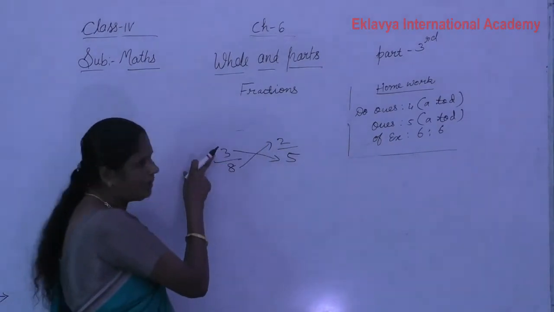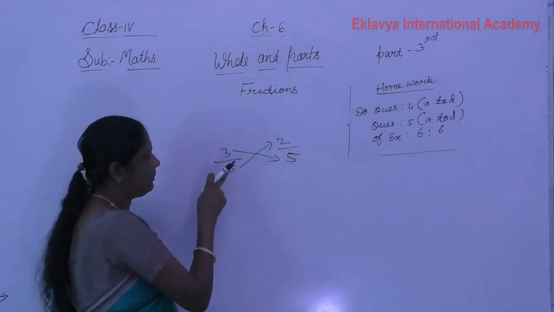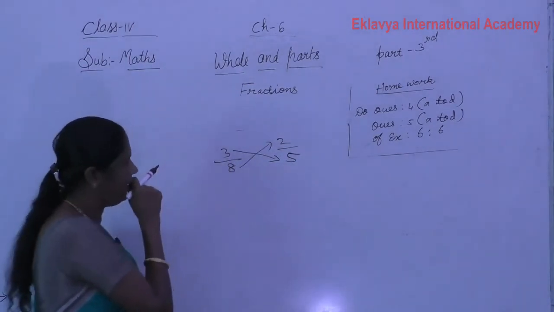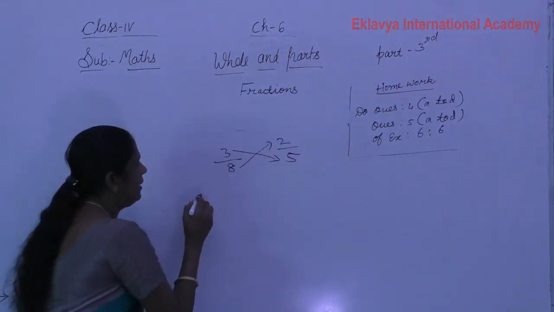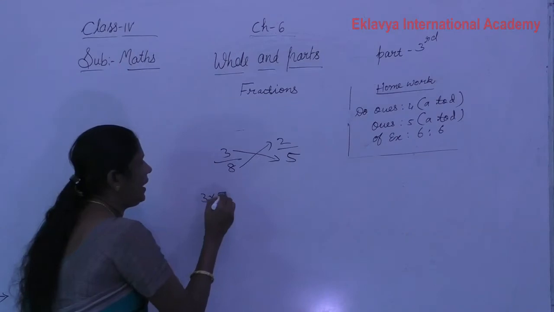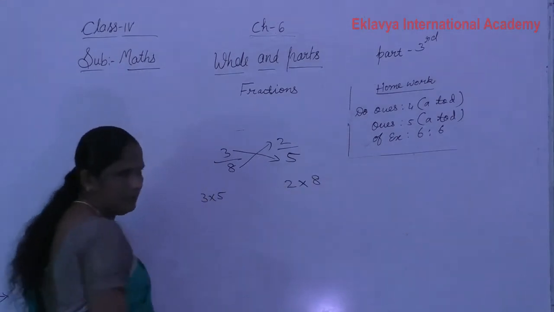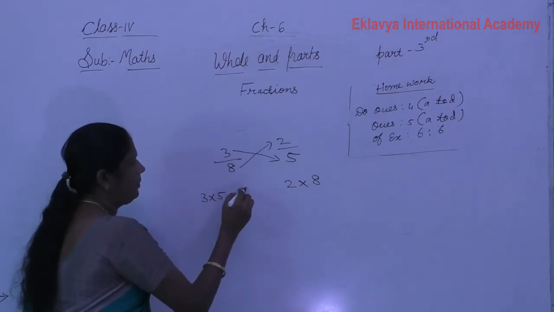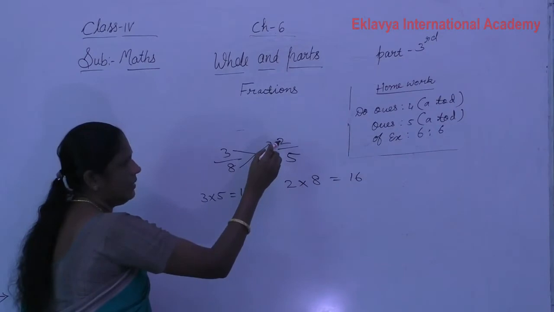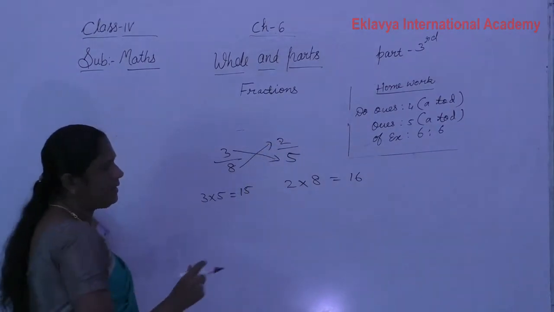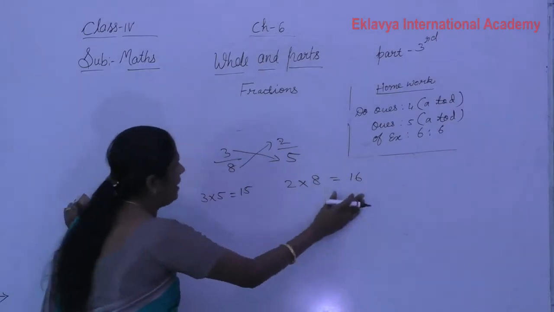First numerator and second denominator, then first denominator and second numerator. 3 multiply 5 is 15, 2 multiply 8 is 16. Which is greater? 16 is greater.